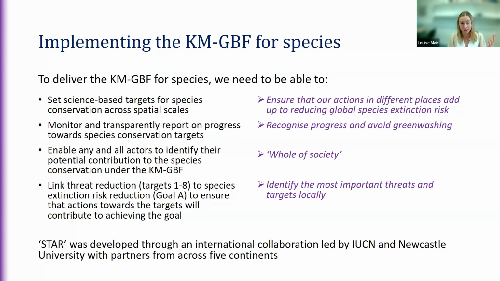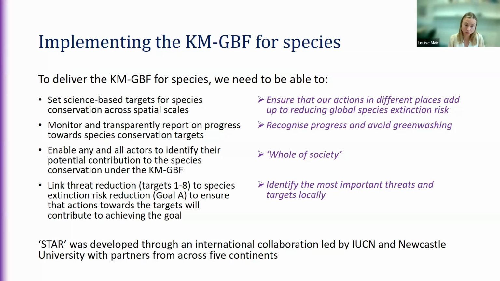And from particularly a party perspective, we want to be able to link the threat reduction targets, so targets 1 to 8, to outcomes for species extinction risk reduction, so Goal A, in order to ensure that any action we're taking towards those targets will ultimately lead towards achieving those long-term goals. From a country perspective, you would want to be able to identify which of those targets are the most important to really focus your efforts on at a country level.